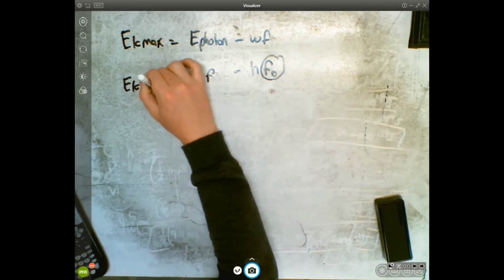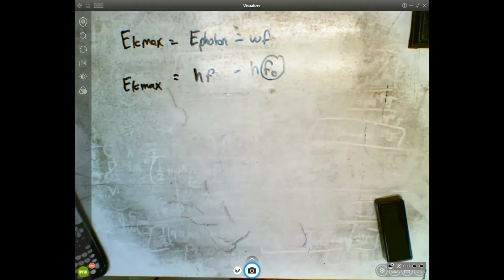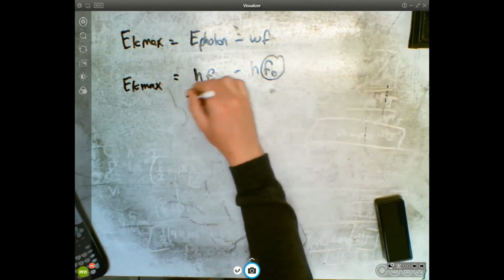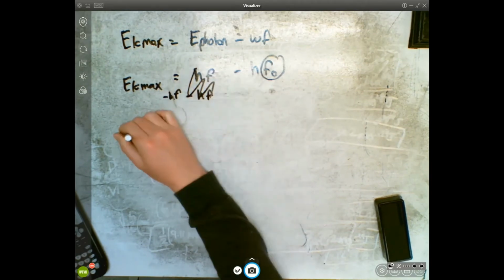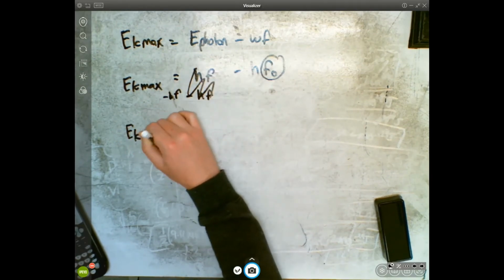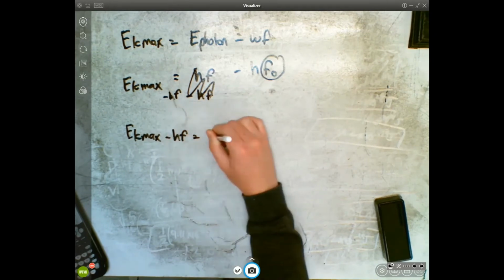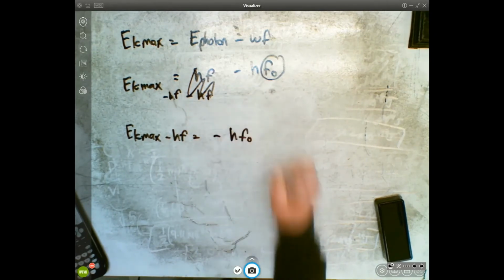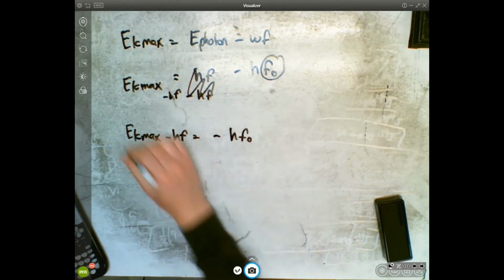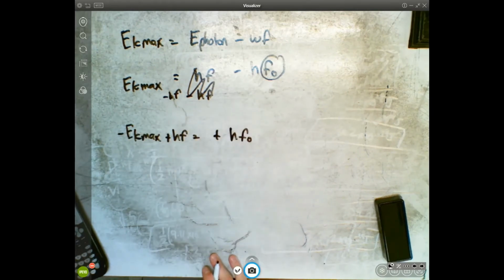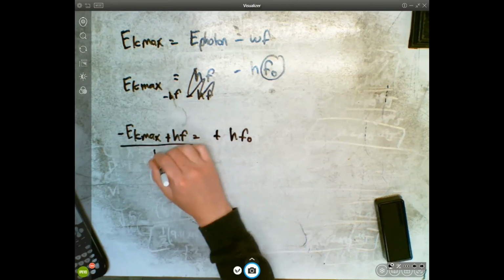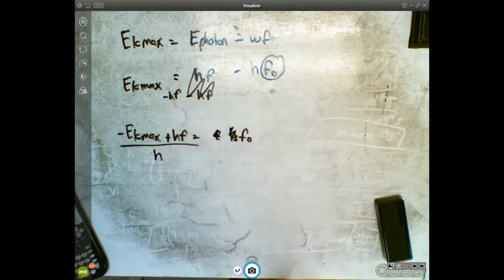To rearrange this, I'd minus an hf, and then I get EK max minus hf equals negative hf naught. I'll get rid of the negative by making this positive, and then I can throw my h underneath. And that's how I find my threshold frequency.